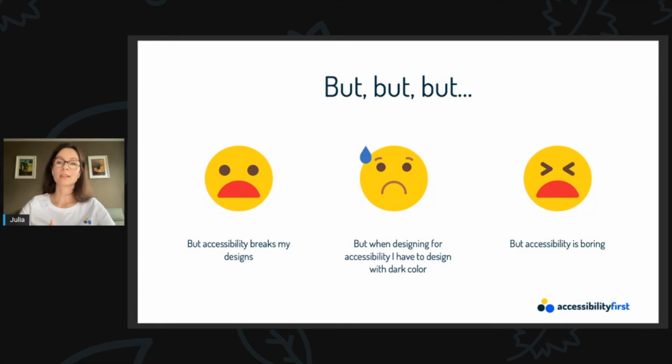But when designing for accessibility, I have to design with dark colors. No. One aspect of accessibility is to ensure sufficient color contrast between foreground and background colors for text and many other important elements, but that doesn't mean you have to use dark colors. If you were to use only dark colors, you would not be able to combine them.